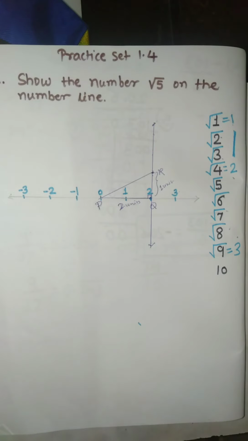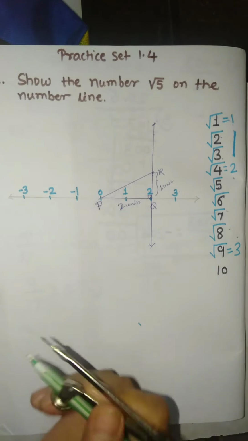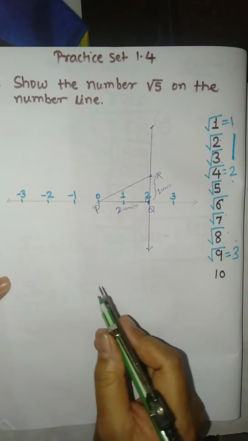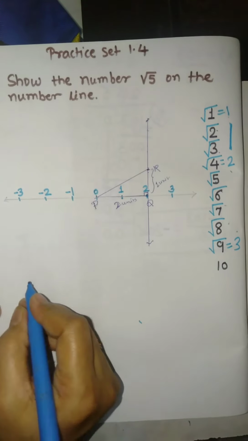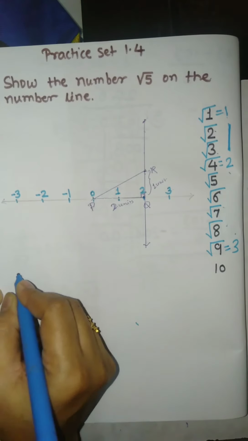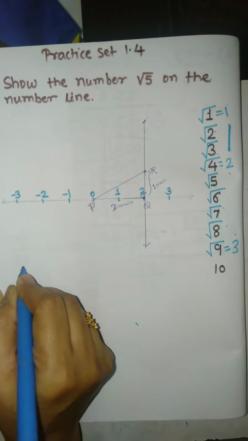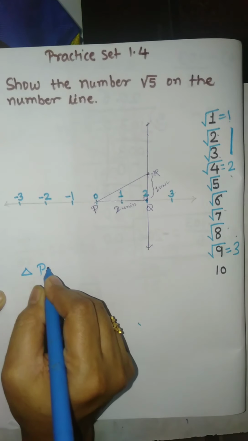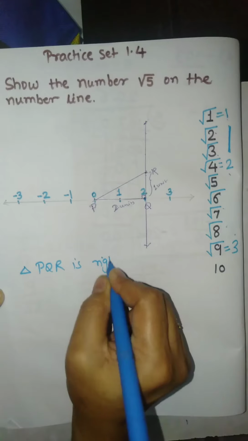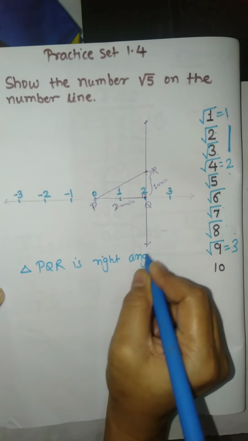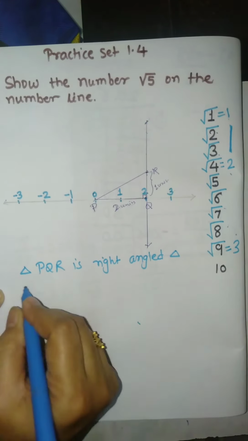So by using Pythagoras theorem, triangle PQR is a right angled triangle.